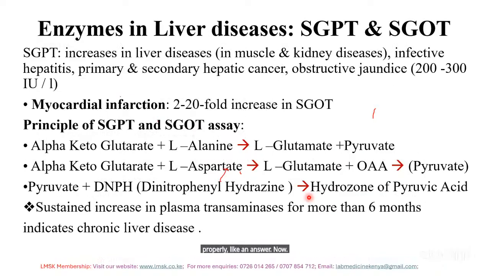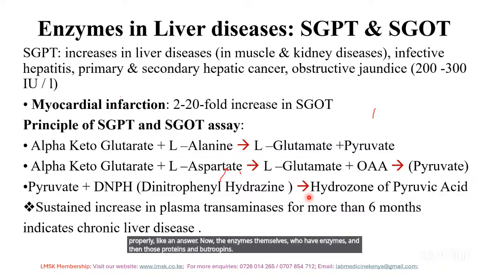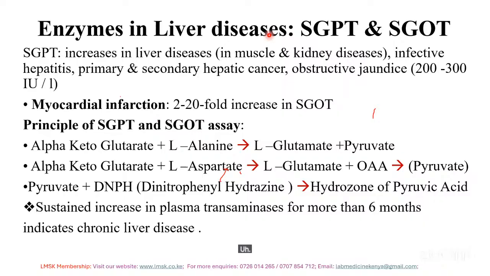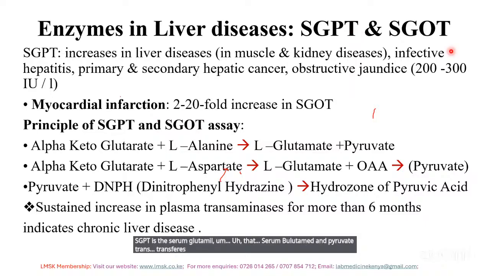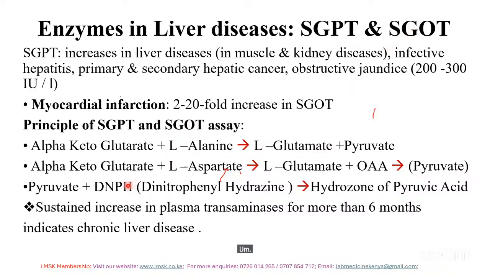Now, the enzymes themselves, we have enzymes and then those proteins and bilirubins. The correlated enzymes are the SGPT and SGOT. SGPT is the serum glutamate pyruvate transferase, and SGOT is the serum glutamate aspartate, or oxaloacetate, transferase, which increase in different conditions.